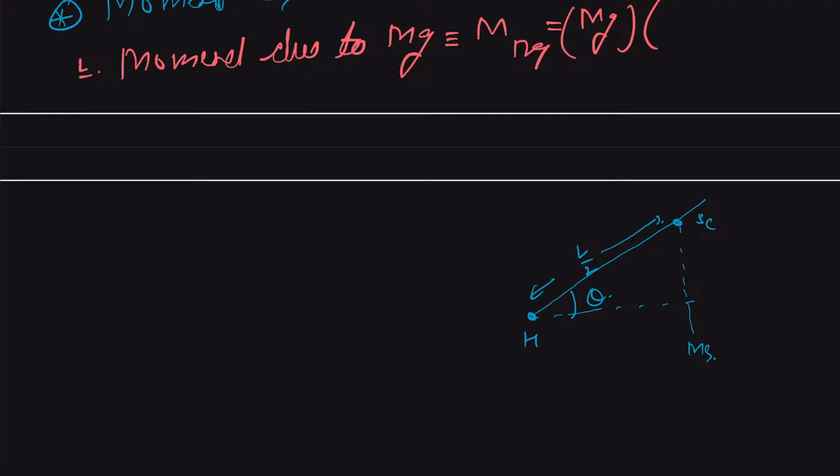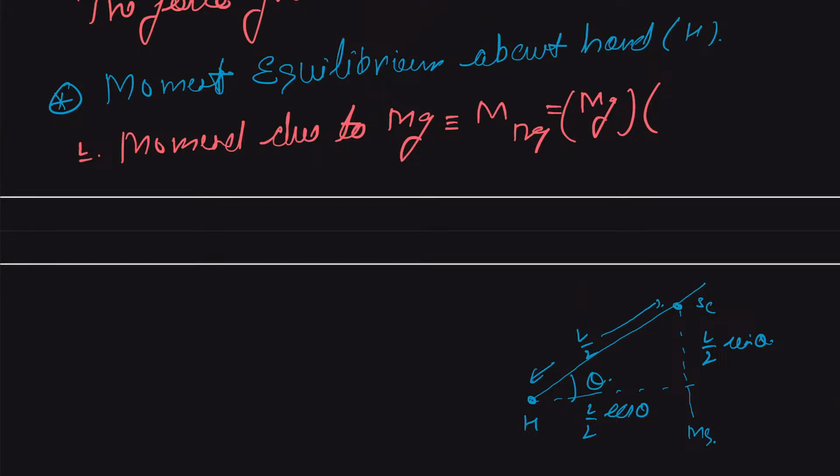So we can easily find out the perpendicular lever arm. This will be L by 2 cos of theta, and this will be L by 2 sine of theta. Okay, so we get this as mg times L by 2 cos of theta.